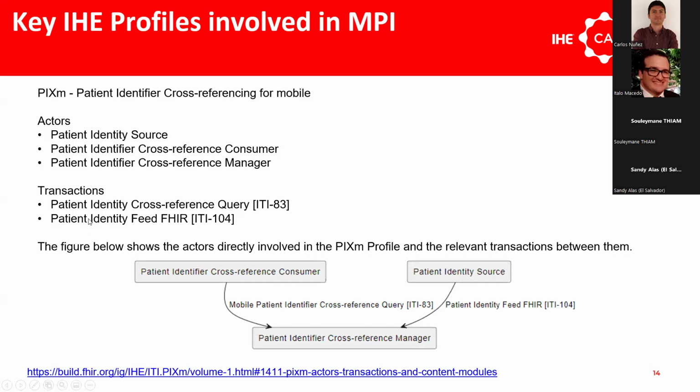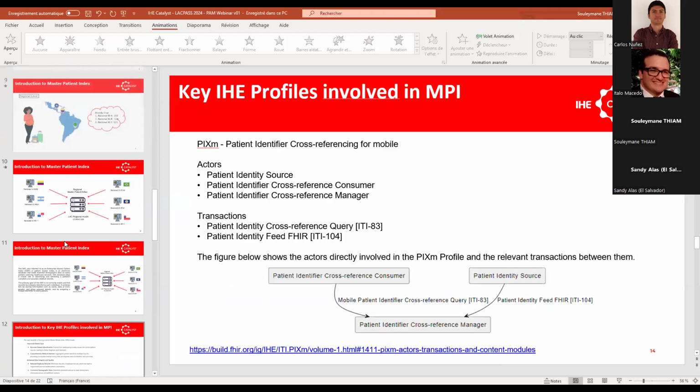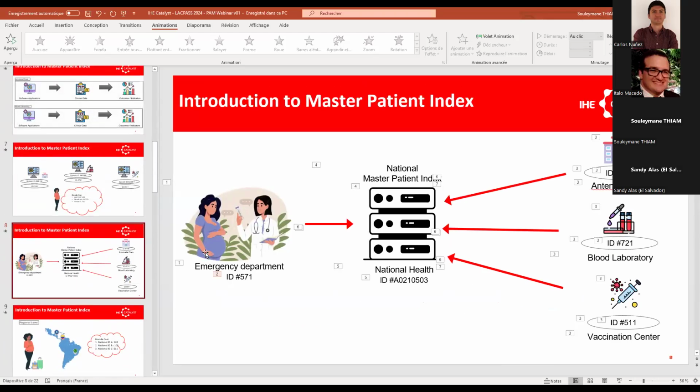And you have also another actor, the patient identity cross-reference consumer. This one will send another transaction, the ITI-83. The ITI-83 will just allow the system, for example in this example, the emergency department system, to send the ITI-83 transaction to say, okay, this is my system identifier, this is Brenda's identifier, and I would like to know the corresponding identifier in the lab.